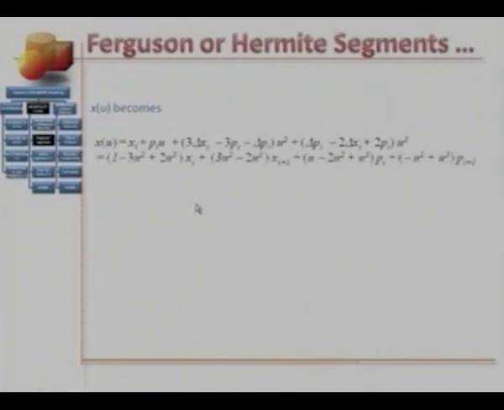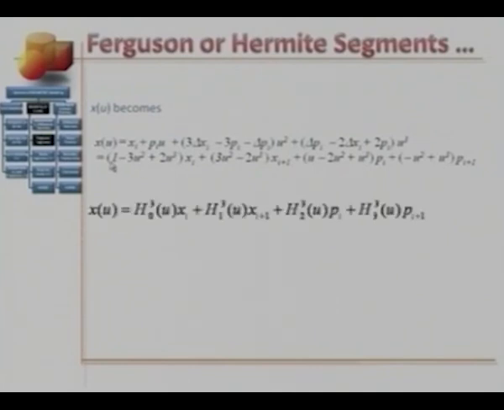Once we regroup this, the coefficient of xi is 1 minus 3 times u squared plus 2 times u cubed. The coefficient for xi plus 1 is 3u squared minus 2u cubed. That of pi is u minus 2u squared plus u cubed, and that of pi plus 1 is minus of u squared plus u cubed.